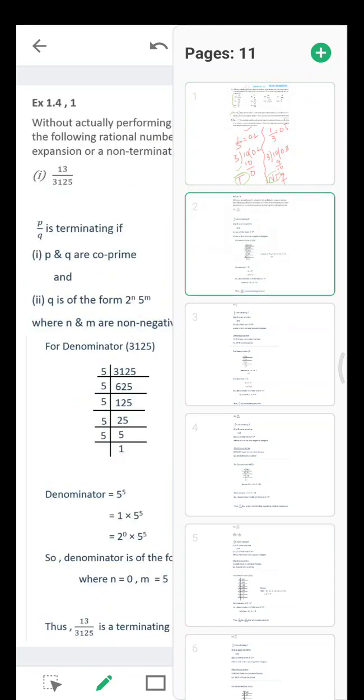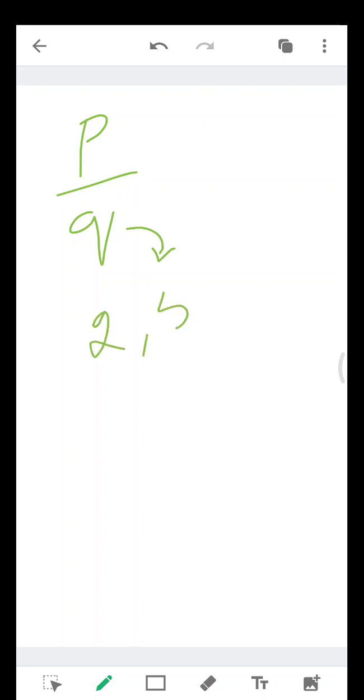So the rule is, if p by q is a fraction, and you can write q as prime factors of 2 and 5 only, that is 2 power n 5 power m, n and m can be any power.